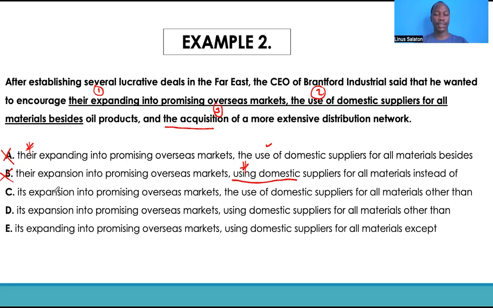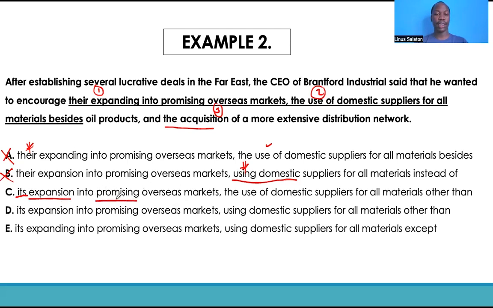C says its expansion into promising overseas markets. All right, you are able to tell that its will be referring to Brantford Industrial. So the pronoun used here is actually correct. Its expansion into promising overseas markets. Right, so here we can tell the verb form is actually in the correct manner, into promising overseas markets.